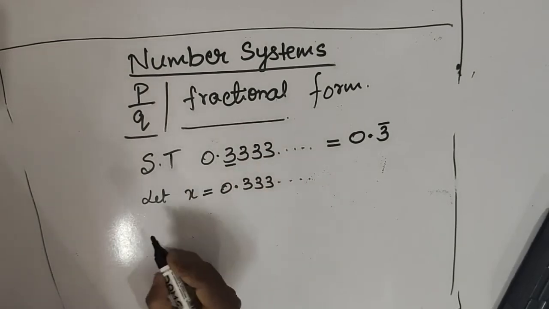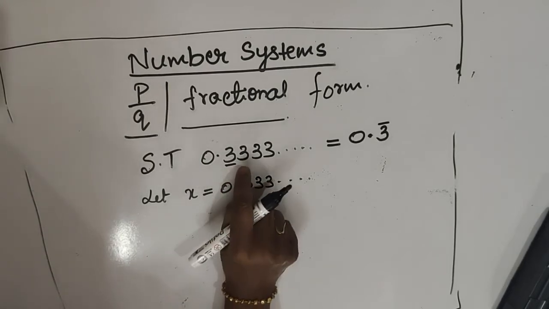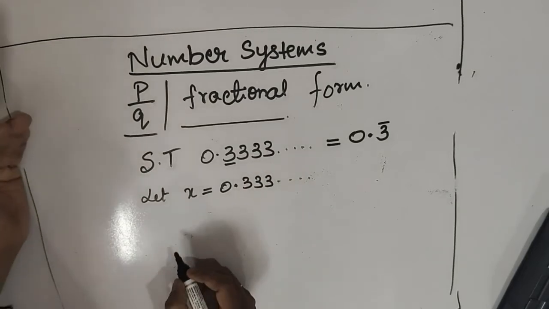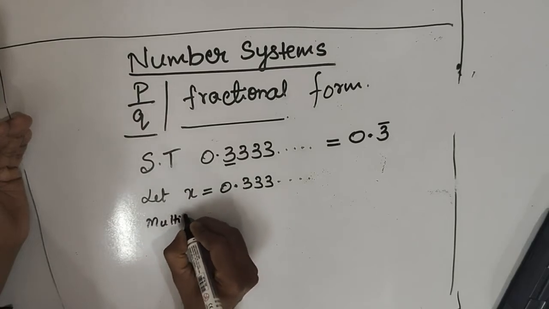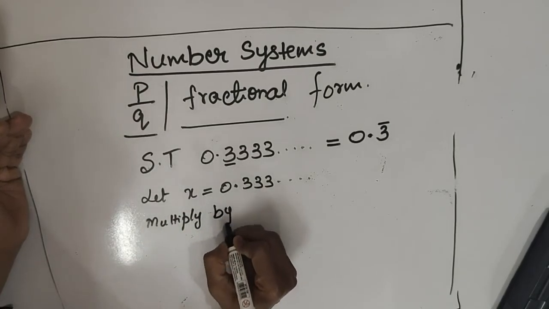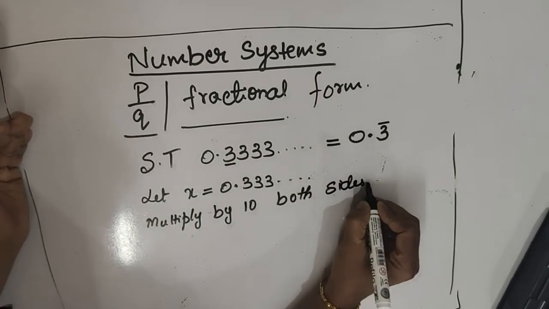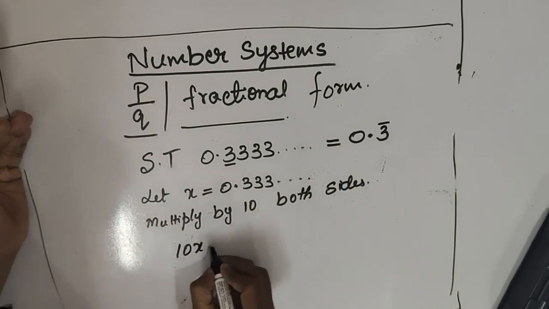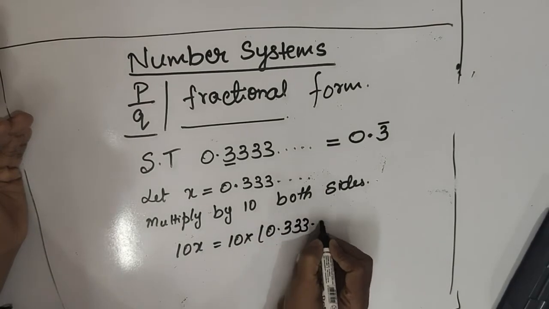So we are going to multiply: if the first number is repeating, multiply by 10; first and second together, 100; third number, 1000. That you will come to know afterwards. I will solve each type of unknown problem. Now multiply by 10 on both sides. 10x becomes 10 into 0.333 and so on.